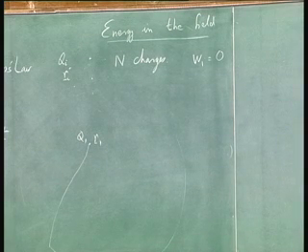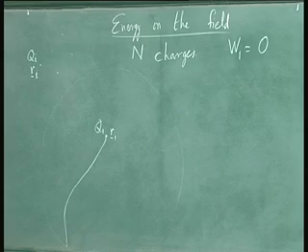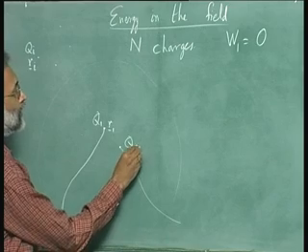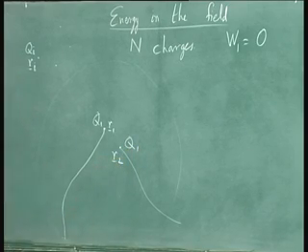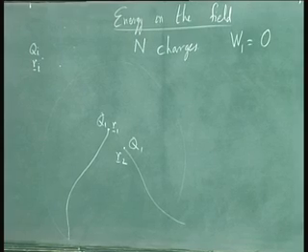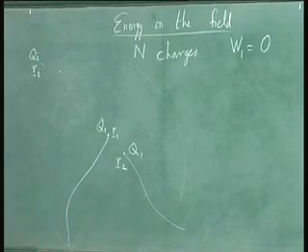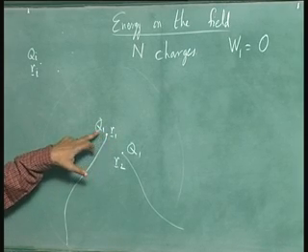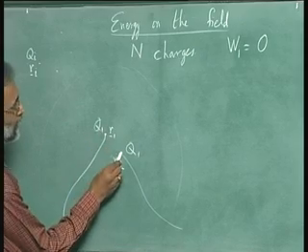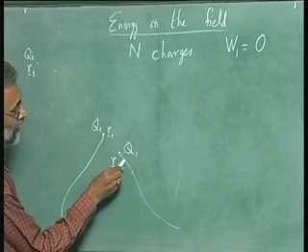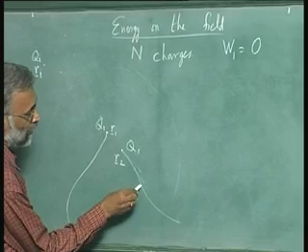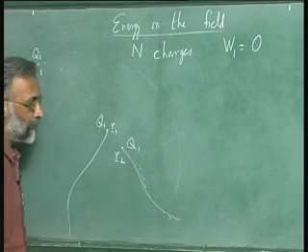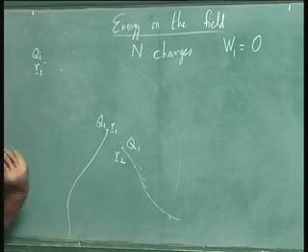I did not have to do any work to bring charge 1 to the point R1. Let us now bring the next charge Q2 into this region. Q2 is brought to position R2 from infinity. But as Q2 is brought in, it must fight against the electric field exerted by Q1. So due to Q1 there is an electric field, and this electric field is present all along the path taken by Q2.